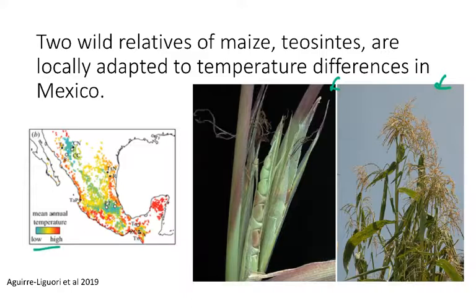If we look at this map of Mexico with temperature overlaid on top of it and the particular locations where these wild relatives of maize are found, we can see some regions where the temperature is really high, but also some regions where the temperature is very low. So this is another example of how persistent temperature differences across the range of the species can lead to these genetic differences driven by natural selection.